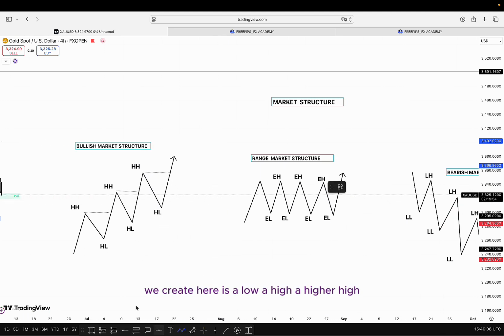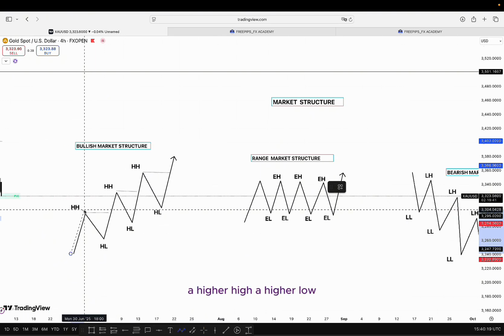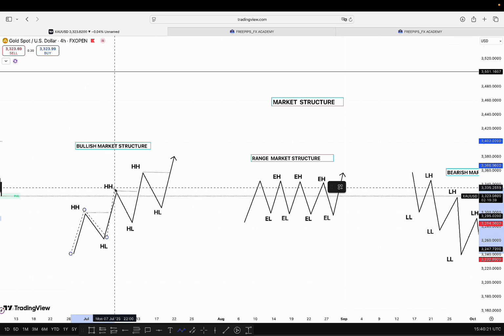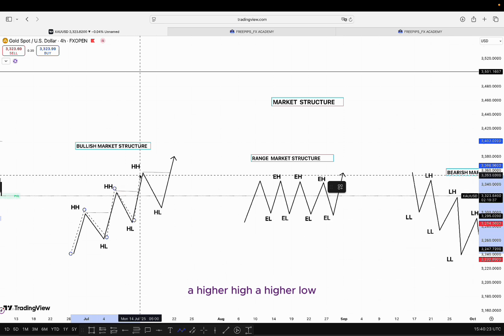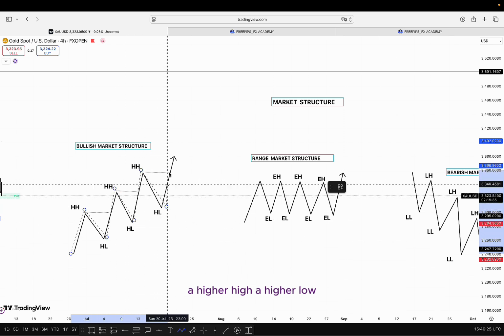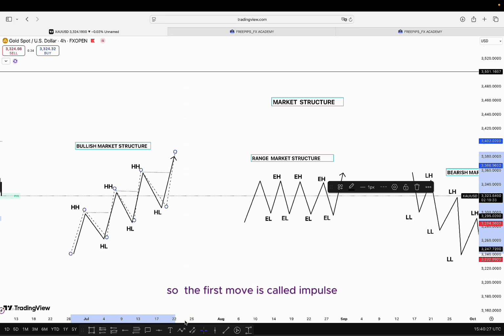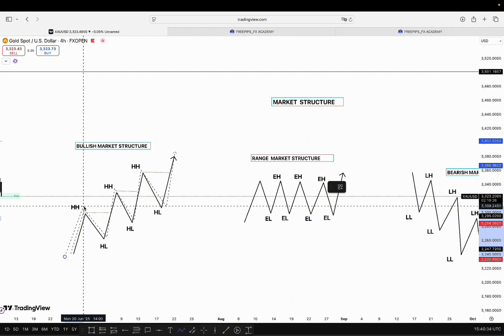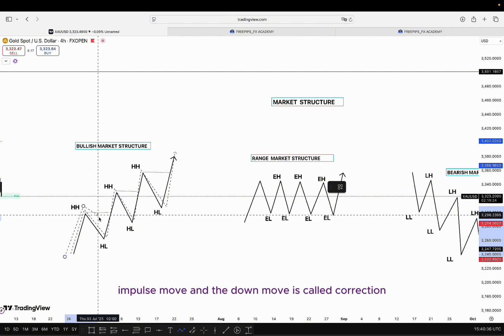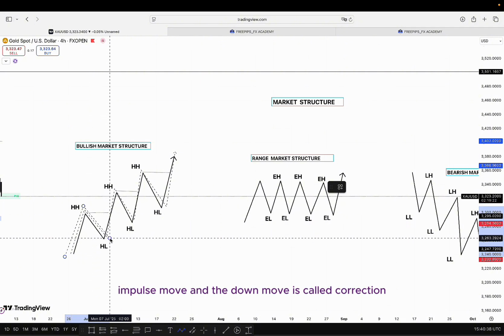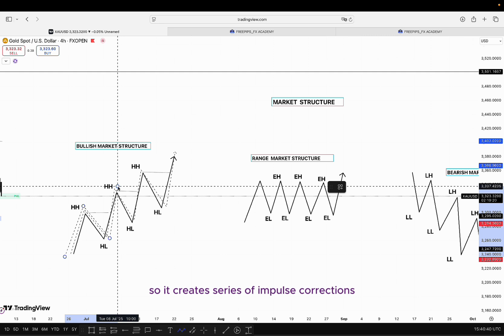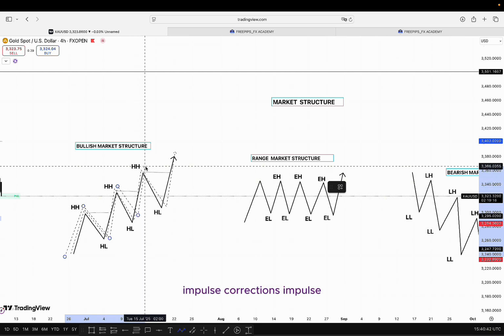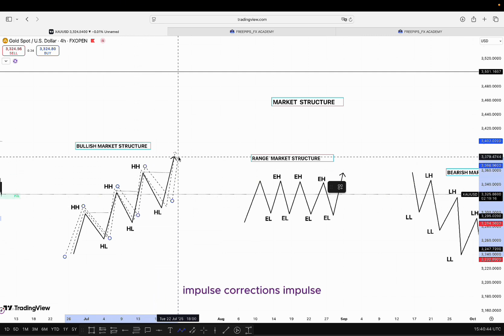The first move is called the impulse move, and the down move is called correction. So it creates a series of impulse, correction, impulse, correction, impulse.